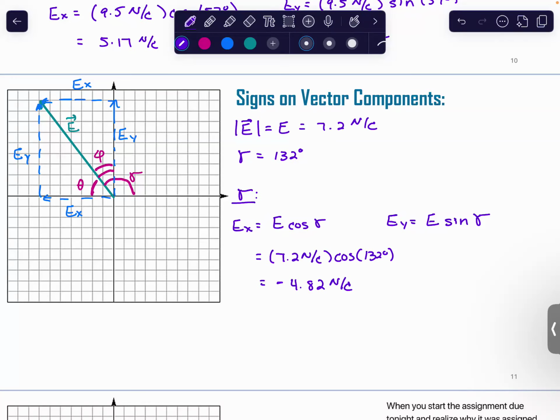Does the X component being negative make sense? Yep. Because remember, we're going to set positive Y, positive X there. That means that the X component is pointing in the negative direction.